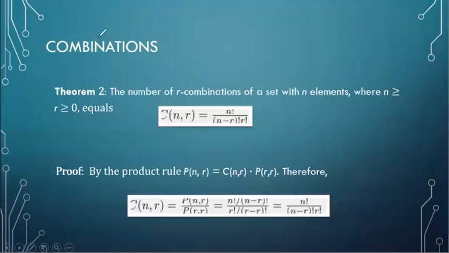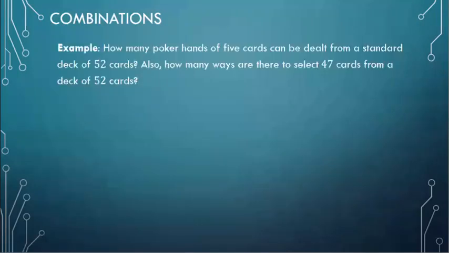Now after that, we are seeing the formula. The number of R combinations of a set with n elements is NCR, which is equal to n factorial by (n minus R) factorial into R factorial. After that, let's see an example. How many poker hands of 5 cards can be dealt from a standard deck of 52 cards? So if we want to select 5 cards from 52 cards, the total n is 52, while R is 5.